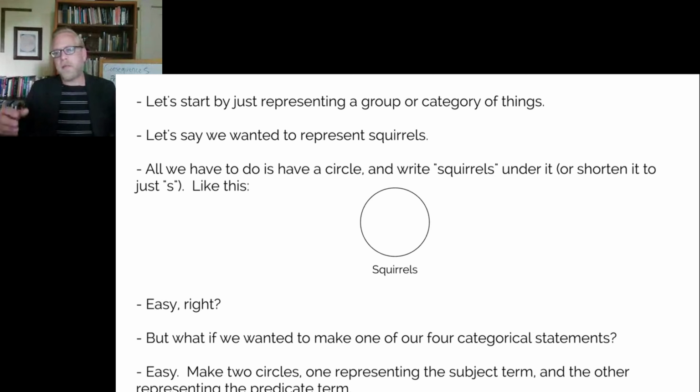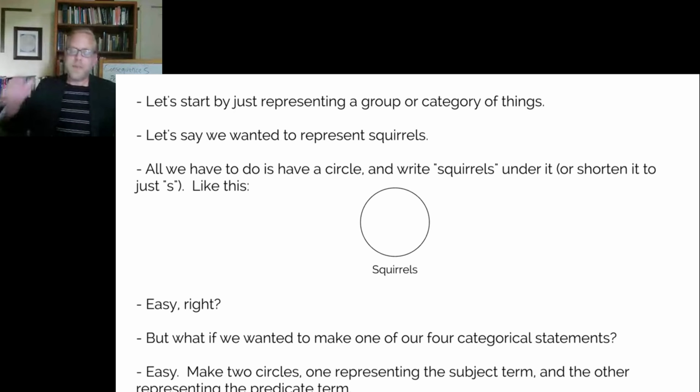And by the way, sometimes you might come across a categorical argument that isn't phrased really correctly. So for example, if I say all humans are mortal, that's not really right. Mortal is an adjective. We need this to be countable things. So I'd have to say something like all humans are mortals, or all humans are mortal beings.